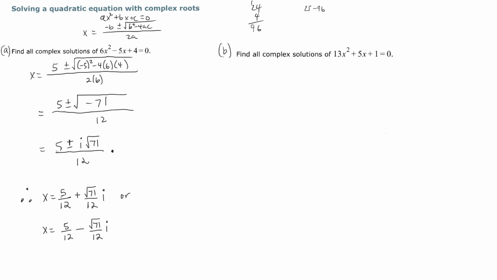So that is what we mean by a plus bi form for a complex number. Different kind of a and different kind of b. Let's use capital A and capital B, i. So that is the standard form of a complex number.